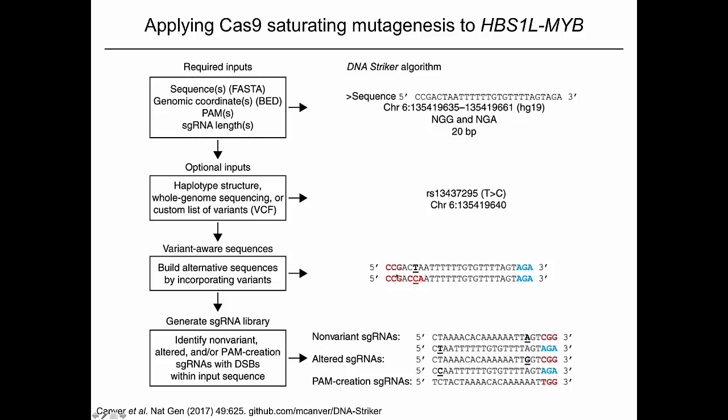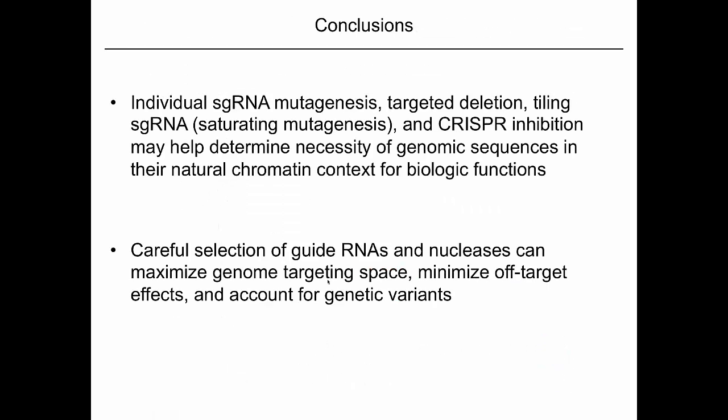So we and others have made algorithms that can help one design guides that are restricted by a variety of PAMs and that can take into account naturally occurring genetic variations.